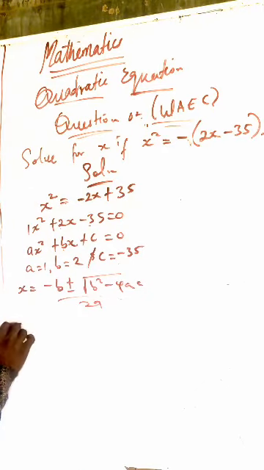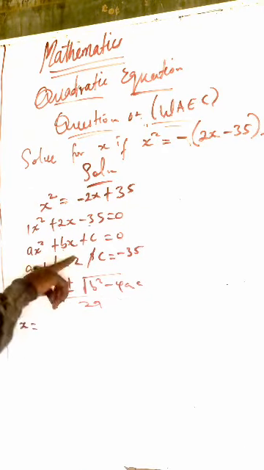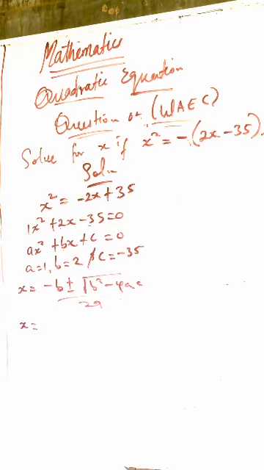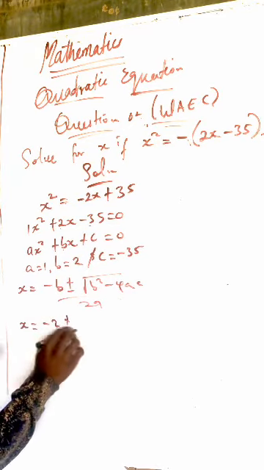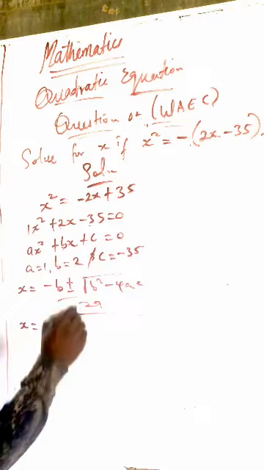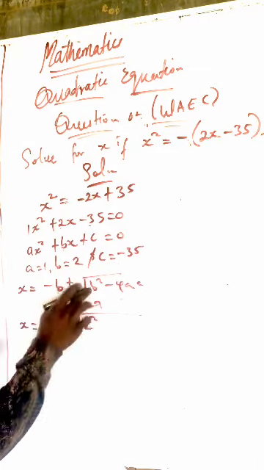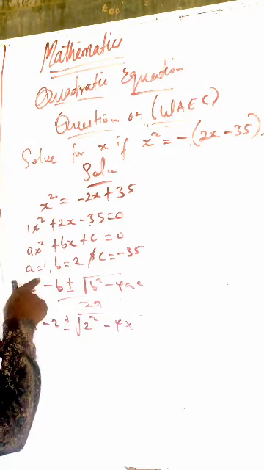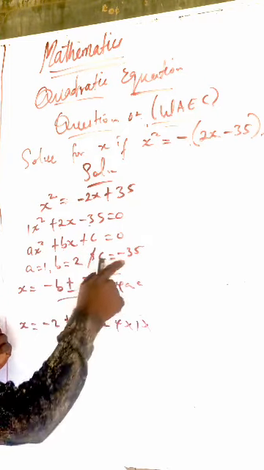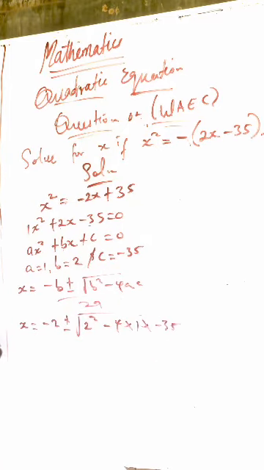So what next now? I'm having x is equal to minus b, b is what? 2. I'm seeing b, so I'm putting 2. Put this minus, b is 2. So that plus or minus the square root of b squared, b is 2, so 2 squared, minus 4 times a, a is 1, times c, which is minus 35.